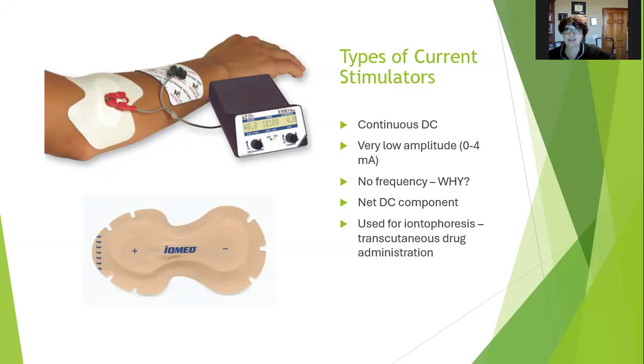So if you're doing dexamethasone, it's negatively charged. You put it on the negative pole, and you put saline on the positive pole. Then you put the negative pole over the area you want to affect, and you apply it almost like a Band-Aid. They leave it on for 24 hours and then take it off.